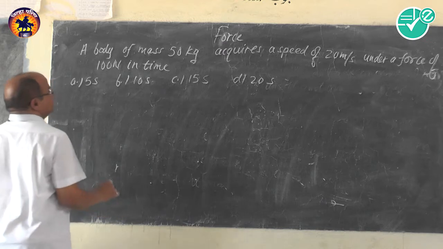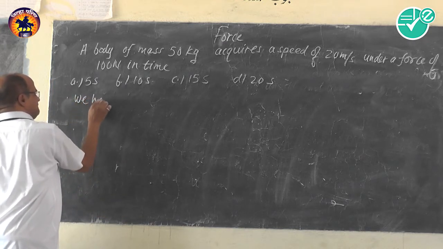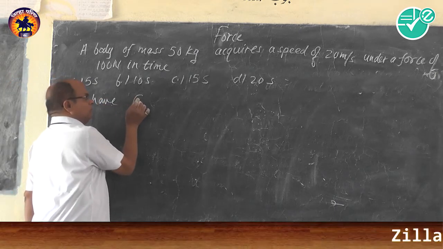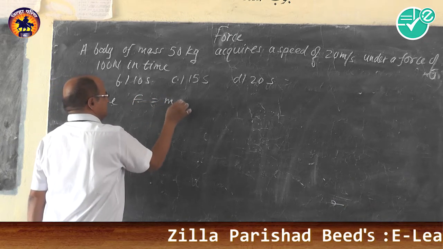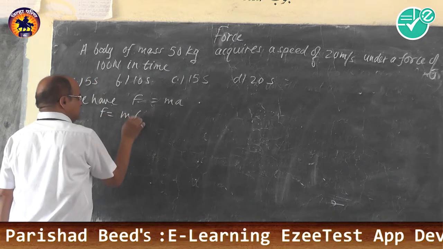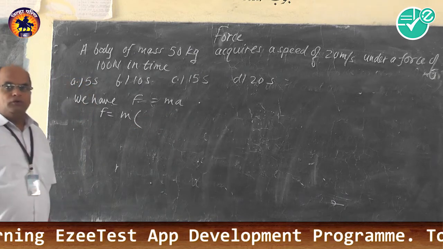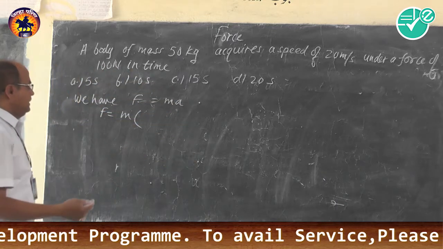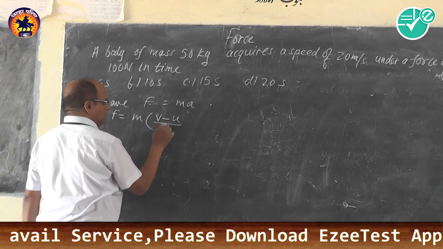Now we know that we have force from Newton's law of motion. Force is equal to mass into acceleration. Therefore, F equals m times a. What is acceleration? Change in velocity. If u is the initial velocity and v is the final velocity after time t, a is (v minus u) upon t.